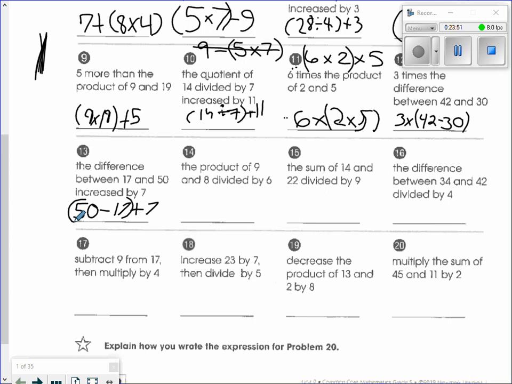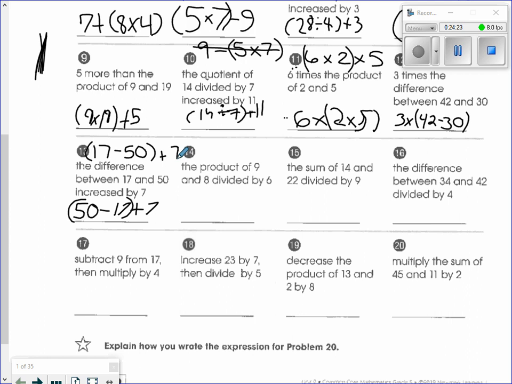Correct. You don't have to write the... So, for this one, you can't put this, the difference between 17 and 50, increased by 7, not for 5th grade. Why? Yes, Kylie.